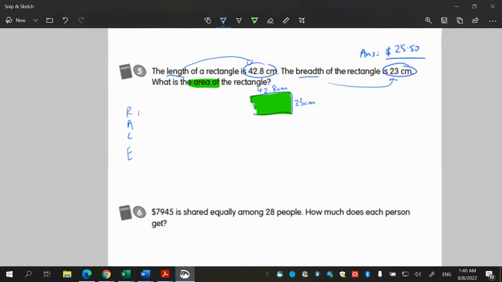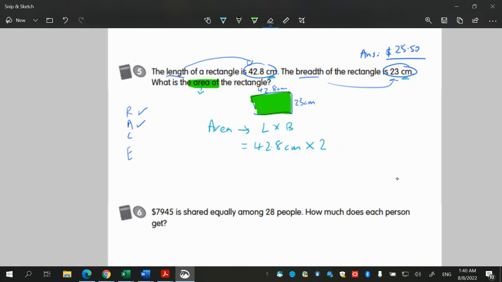So I've done my annotation at the same time. Okay, talking about area. I hope everybody is familiar with the units. In this case, you have centimeter and centimeter. Area of the rectangle, you have the length times the breadth, which in this case is 42.8 centimeters multiplied by 23 centimeters.